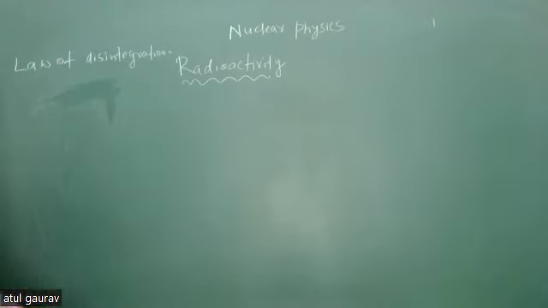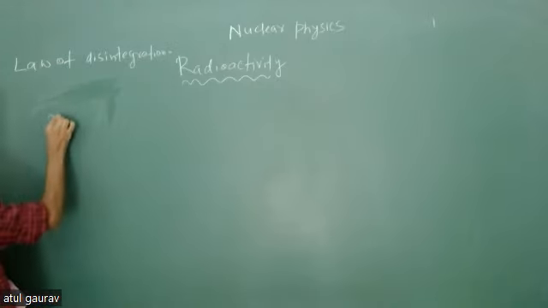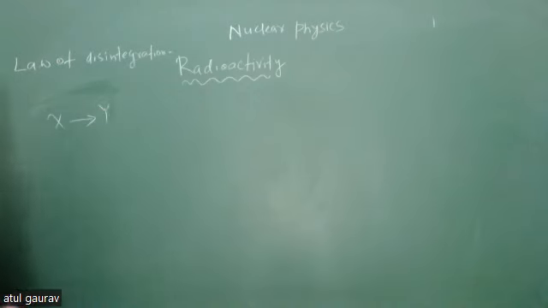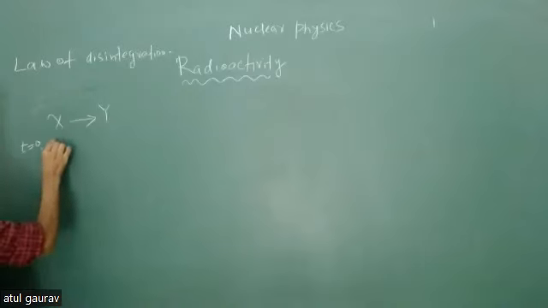Suppose you have parent nuclei X decaying to Y. Initially at time t equals 0, let us assume the number of X nuclei is n0.